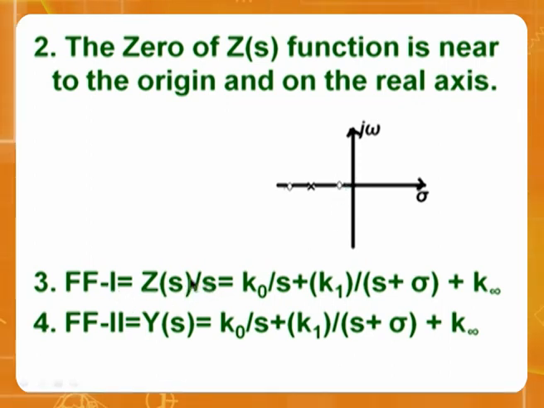First form 1, Z of s by s. This is very interesting, one should remember very carefully. For example, Z of s by s, k naught by s, what will happen? Suppose you don't take s, if you simply take k by s, what will happen? K naught by s, if you take without s in the Z, Z is equal to k by s. That means it is a capacitor.